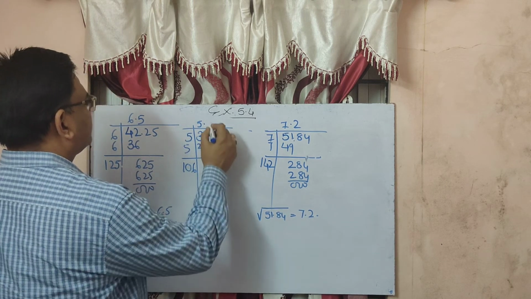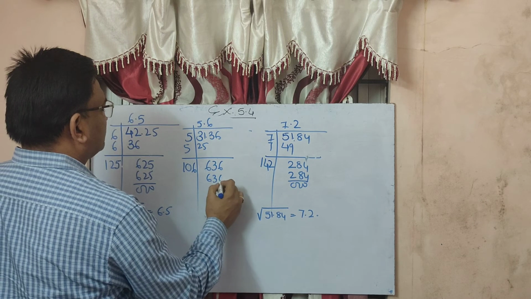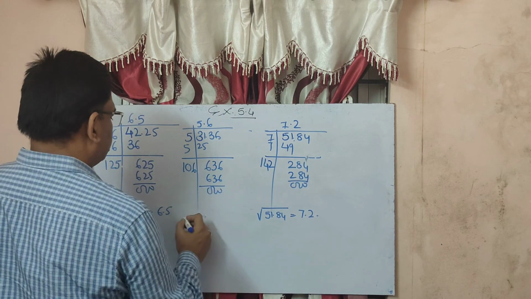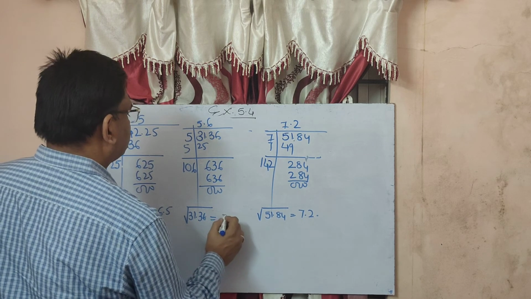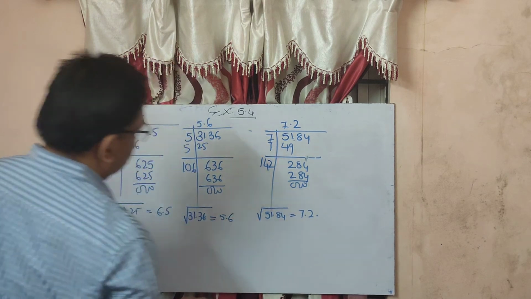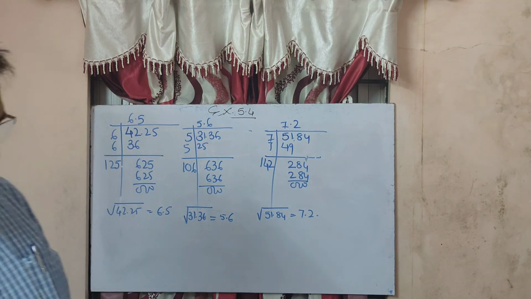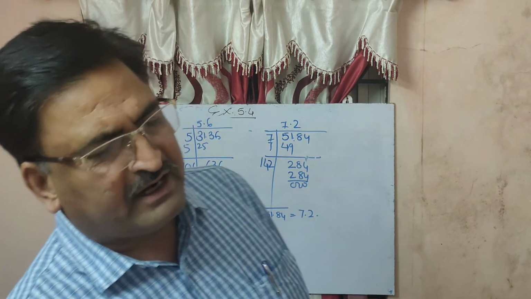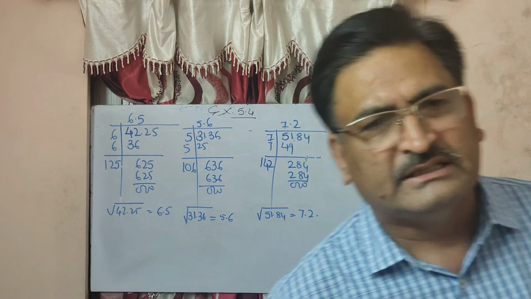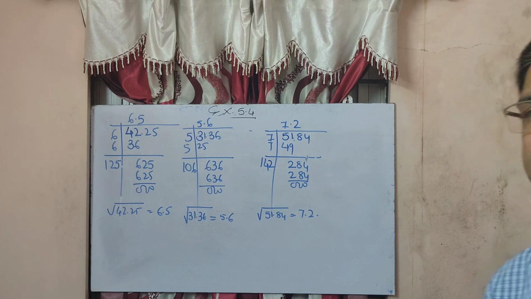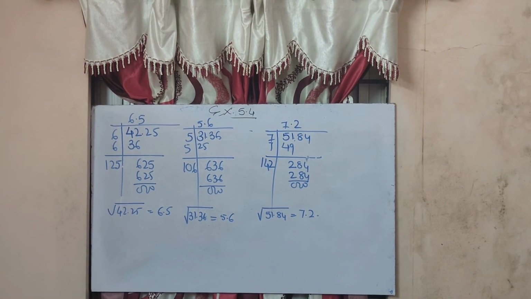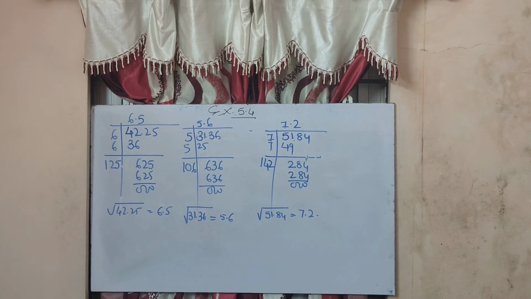So again 6, 36, 0. Therefore, square root of 31.36 is 5.6. So this is the way you have to find the square root of any decimal number. Here the only difference is you have to remember to put points whenever it is required.